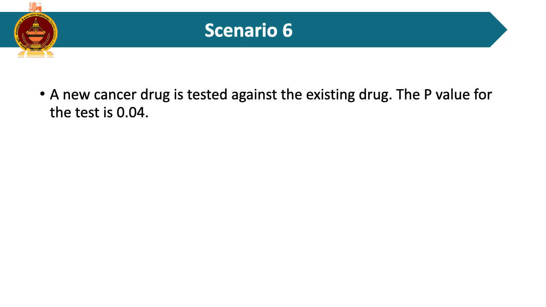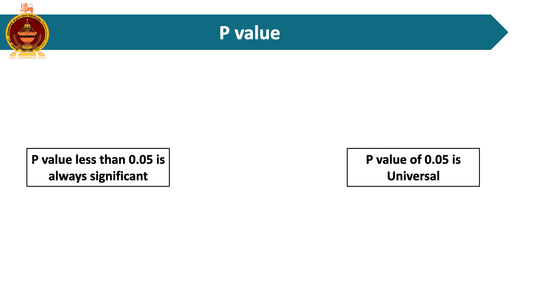Scenario 6. A new cancer drug is tested against the existing drug. The p-value for the test is 0.04. As the p-value is 0.04, somebody might conclude that as the p-value is less than 0.05, it's significant. Or else somebody might consider that a p-value of 0.05 is a universal phenomenon. But it's not.